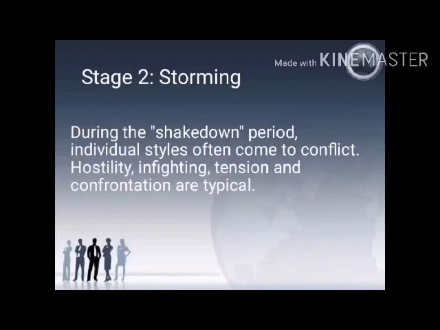The second stage is the storming stage. During the shakedown period, individual styles often come into conflict. Hostility, infighting, tension, and confrontation are typical. The storming stage is the most difficult and critical stage to pass through. It is a period marked by conflict and competition as individual personalities emerge.